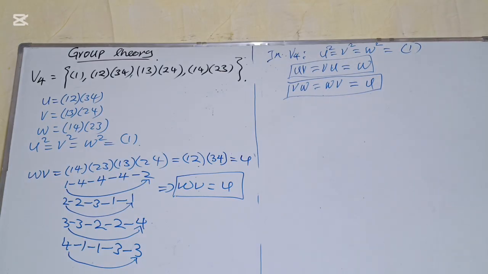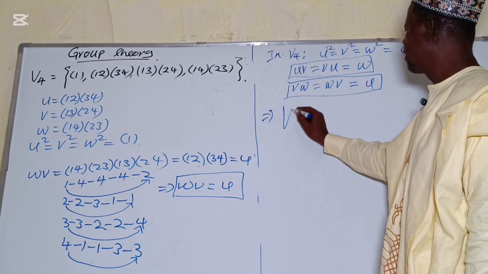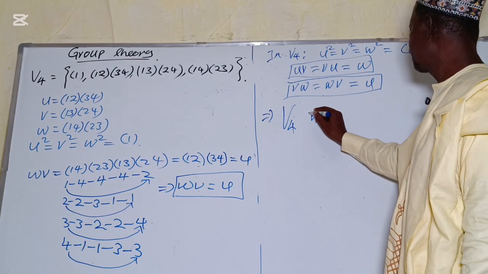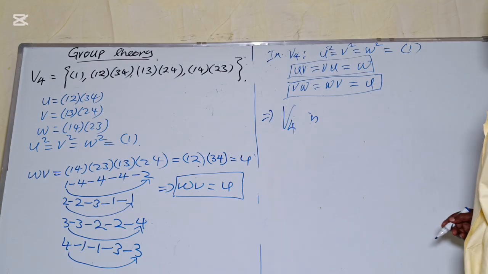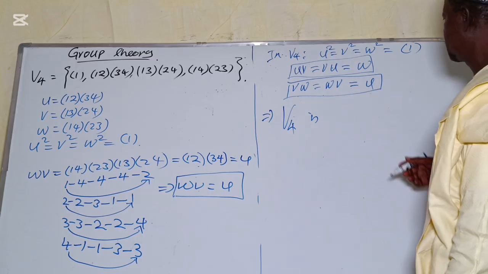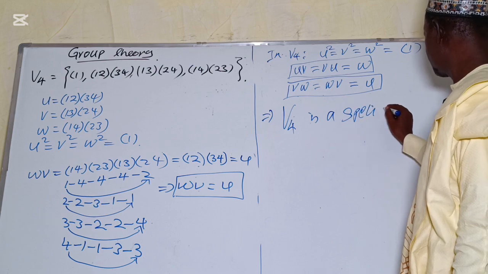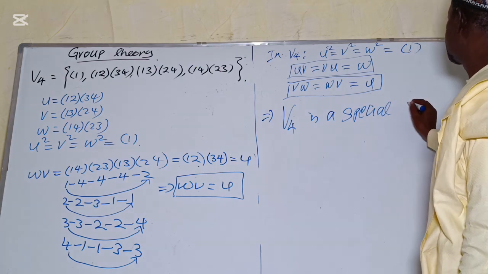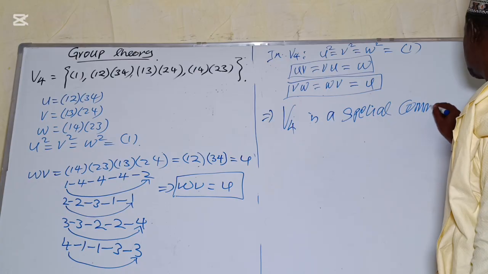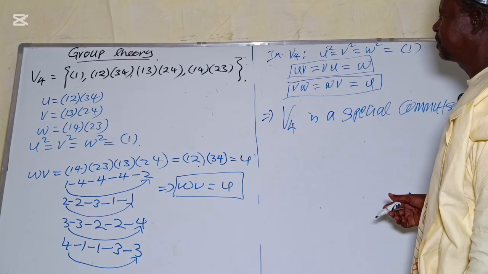Okay, so that means this B4 is actually a special group. One, it is not cyclic, okay? It is a special commutative, at least it is commutative, okay?